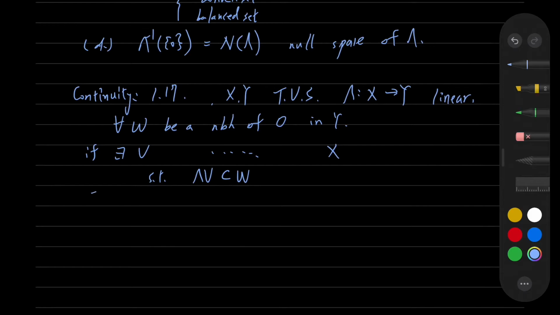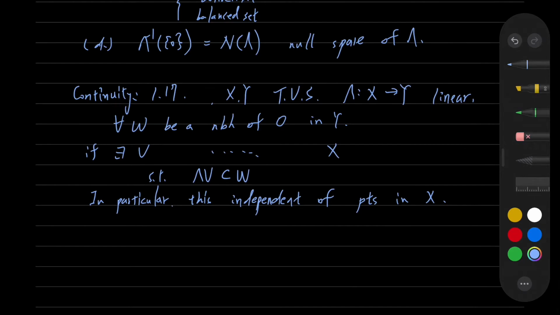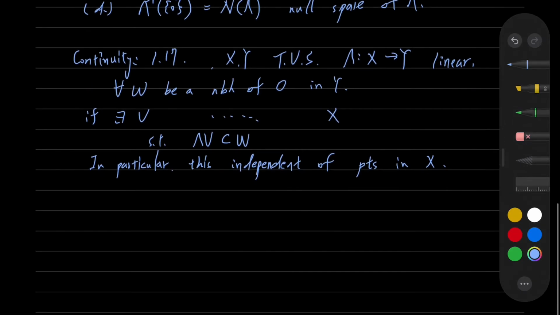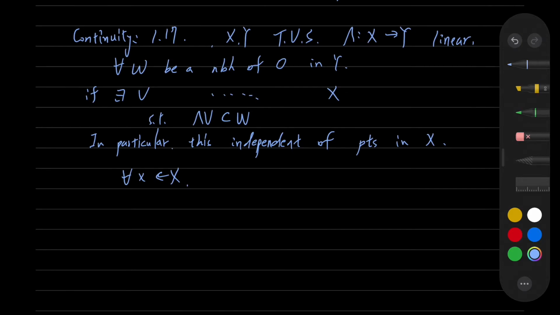In particular, this is independent of points in X, by which we mean that we only state the continuity at 0 here, but for any point x in the space X, we can just translate this property.